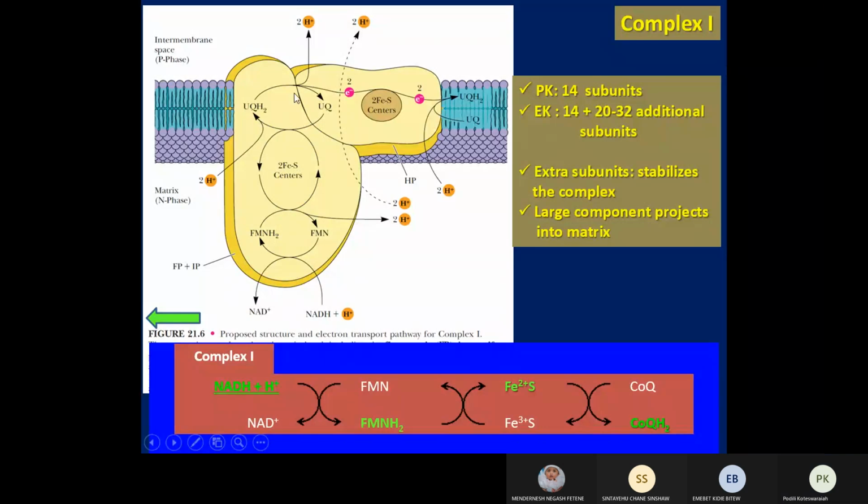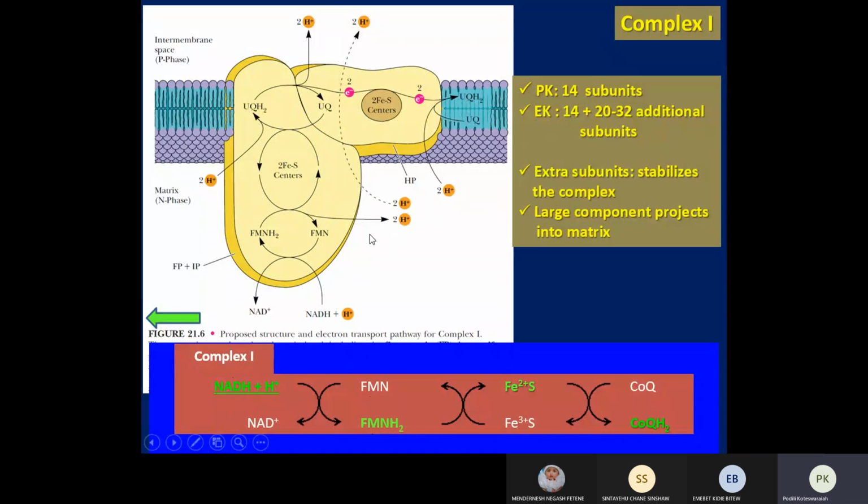So what exactly happens here is that it has many subunits. As I already said, in prokaryotes it has 14 subunits, and in eukaryotes it has 14 plus many additional subunits. It has one FMN, which is the cofactor, and many iron sulfur clusters. When NADH donates its electrons in the form of hydride, initially the FMN is reduced to FMNH2.